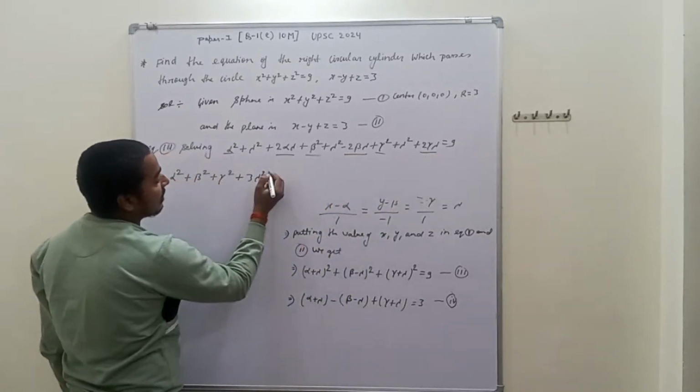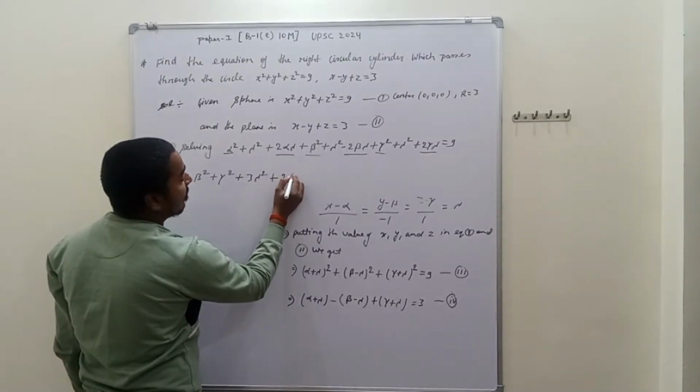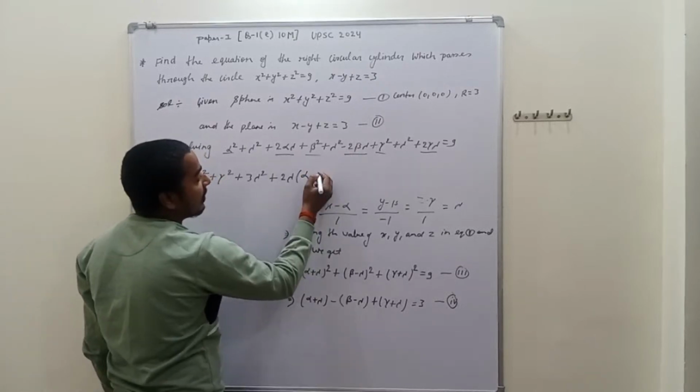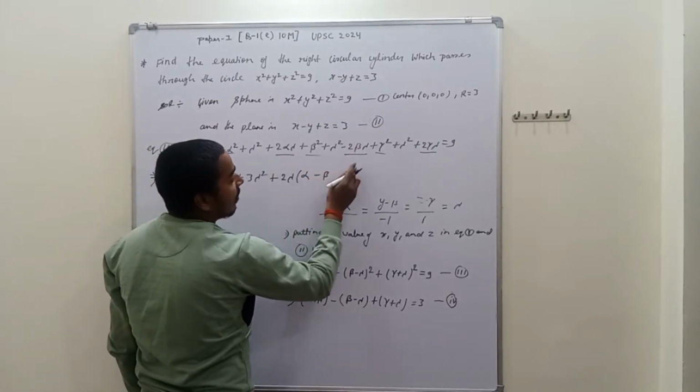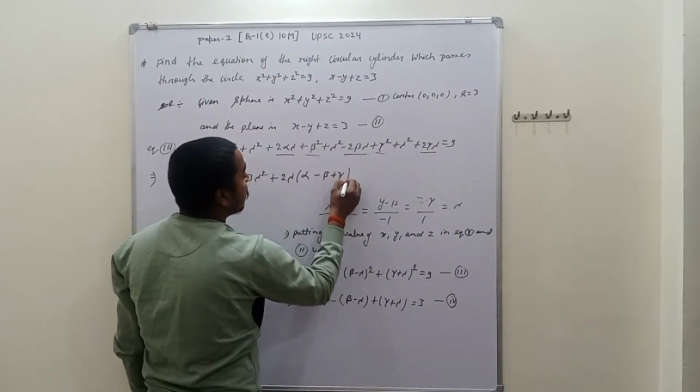Taking 2 lambda common, we get alpha minus beta plus gamma is equal to 9.